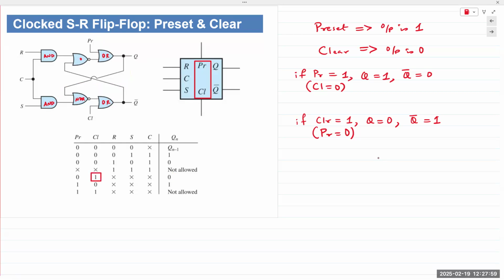Clear goes to 1, then output goes to 0. Output is cleared. Hence the name of the terminal, CL or CLR, clear. And if preset is high or preset is active, then output goes high.